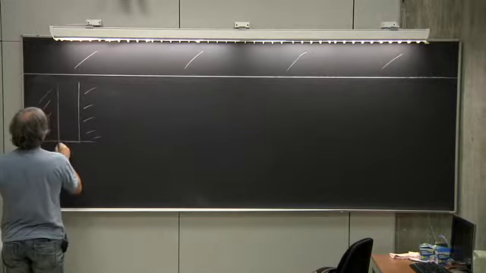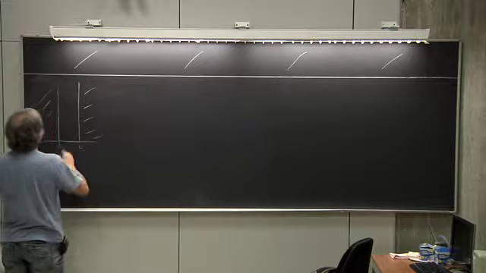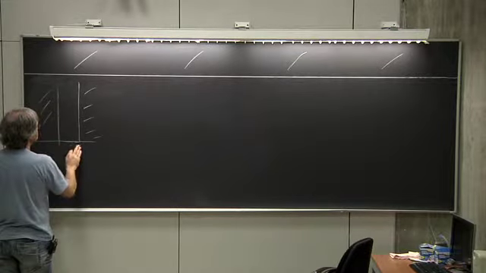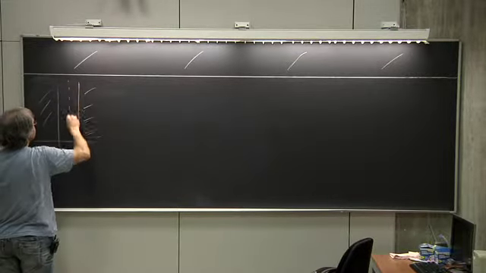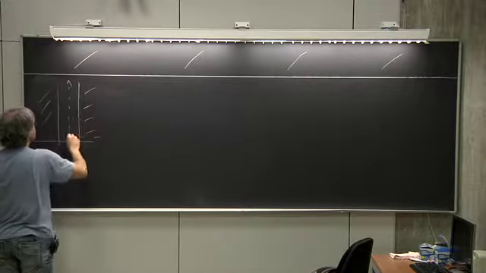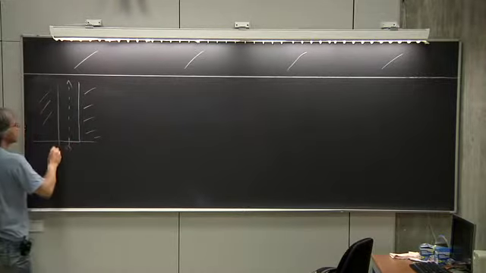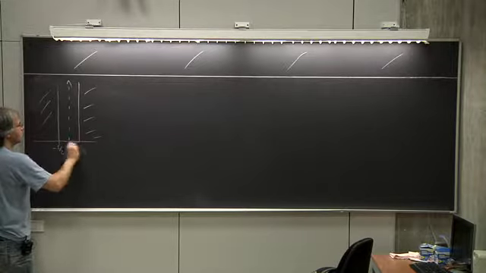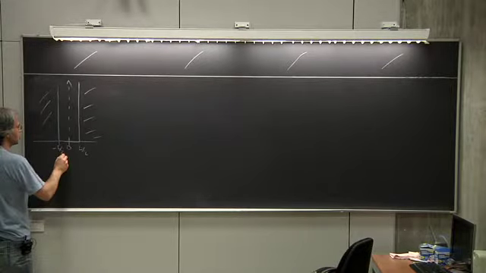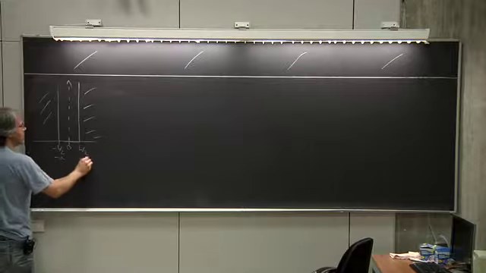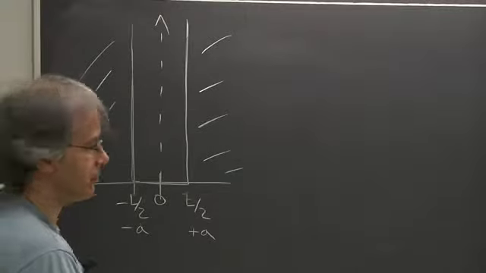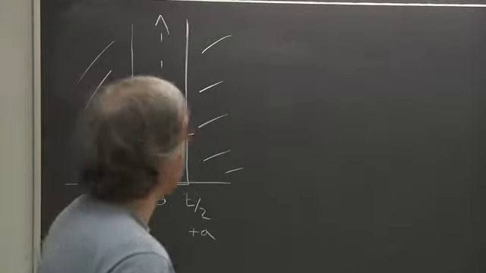Either in 0 to L or sometimes an alternative choice of coordinates is this is 0, and this is minus L over 2 and L over 2. Or you could call it minus A and plus A, whatever, okay? Doesn't matter, depending on what you really want.